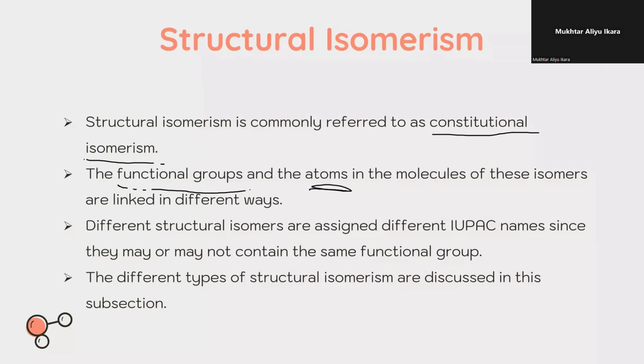Different structural isomers are assigned different IUPAC names since they may or might not contain the same functional group. When these isomers exist, because the linkage of the atoms may differ, their functional groups may differ also.